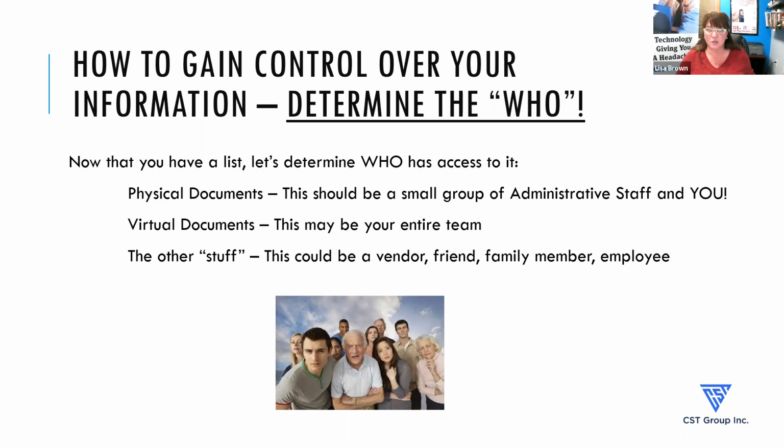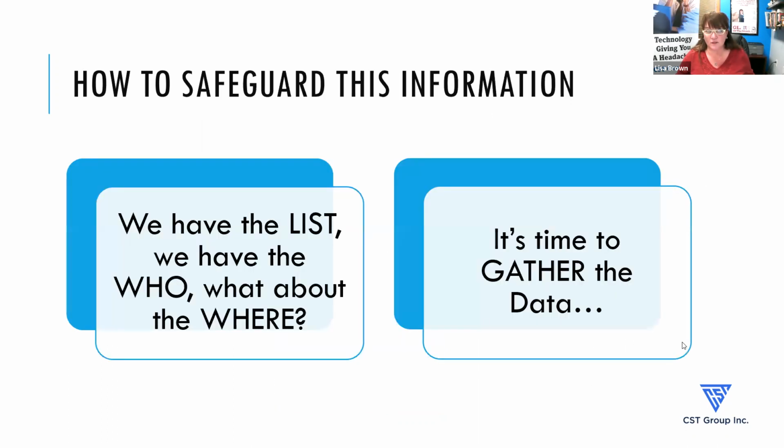Okay. So now that we understand the who, I need to be able to safeguard the list. Okay. So we have the list. We have who accesses all of that documentation. And now we need to know where is the documentation, where is it?